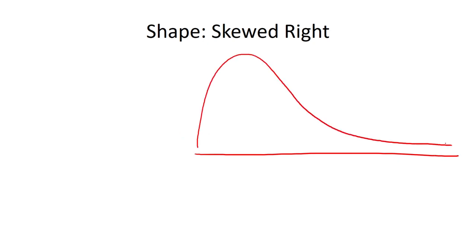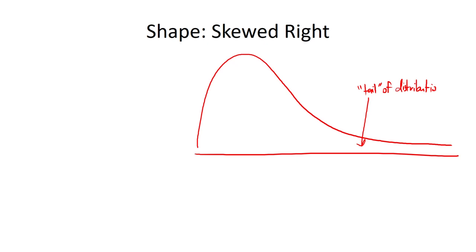In a skewed right distribution, there's some asymmetry to the distribution in the sense that you only see the tail of the distribution. So this is what we would call the tail of the distribution, for obvious reasons because it looks like a tail.